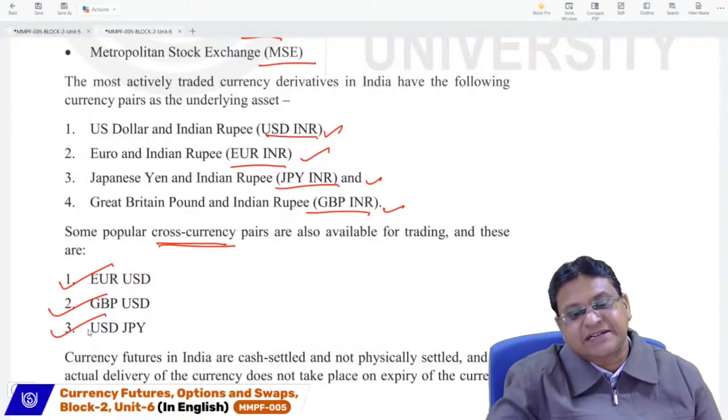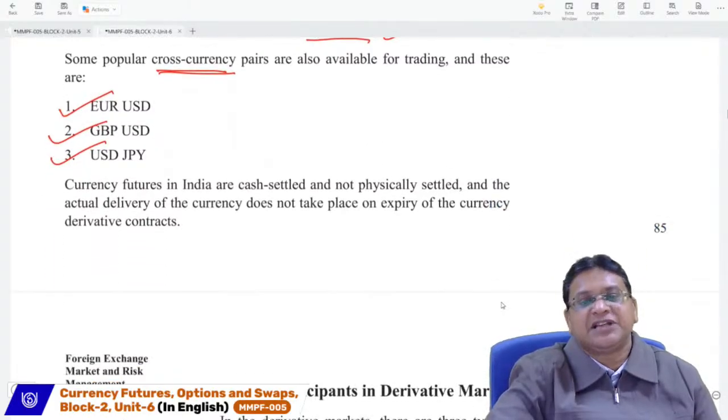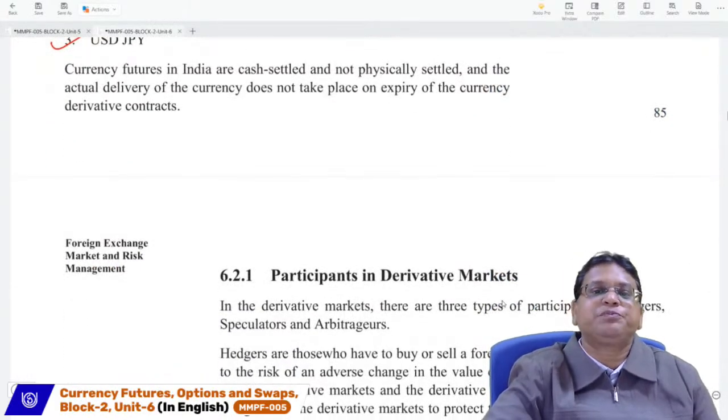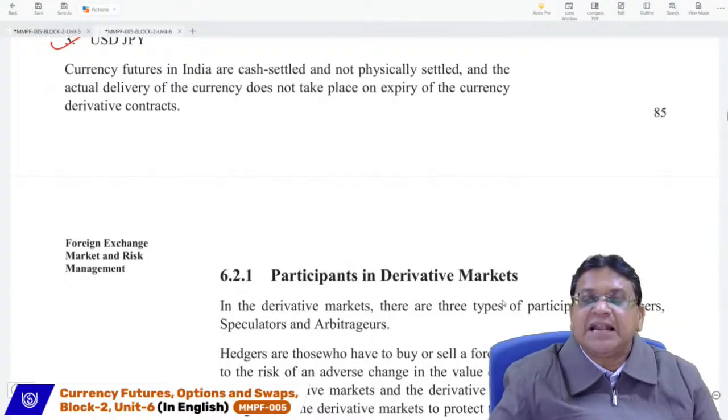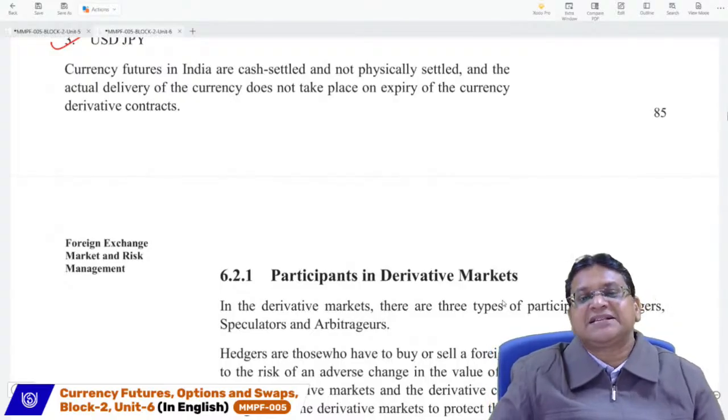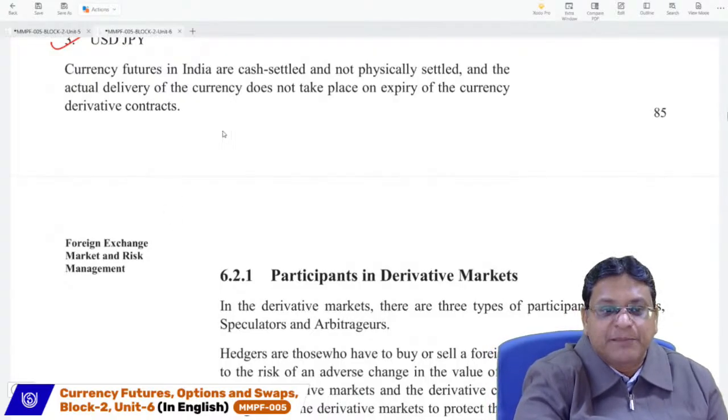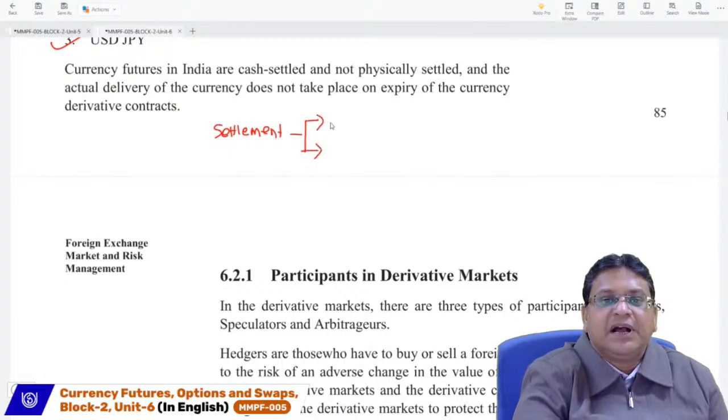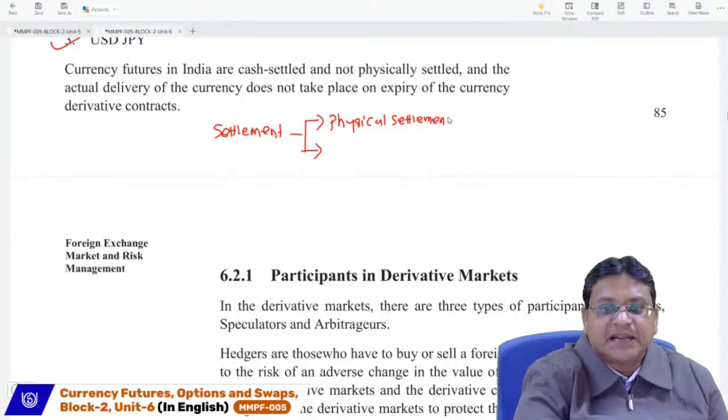When there is currency trading, the settlement has to be made. Settlements are of two types: physical settlement and cash settlement.